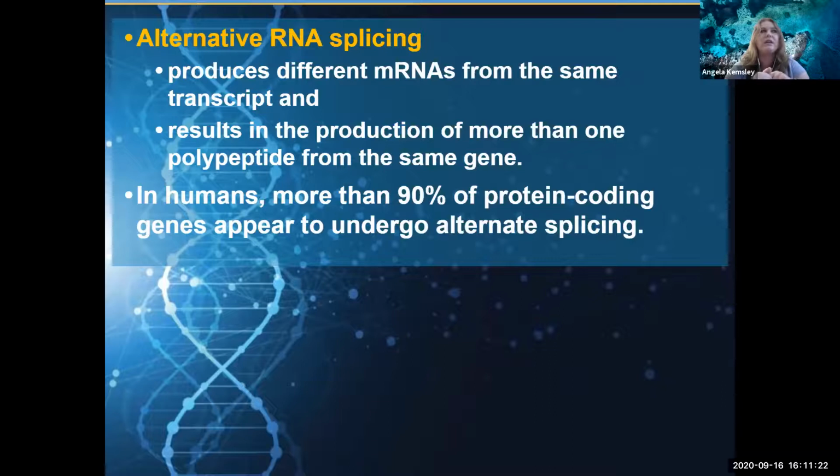We're going to be transcribing DNA to RNA in the same way. That's what's called a transcript, that first piece of RNA that's created. But then we can splice it in different ways. And this results in the production of more than one polypeptide from the same gene. In humans, more than 90% of protein coding genes appear to undergo alternate splicing.